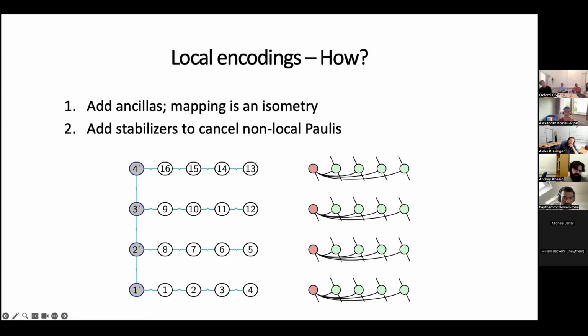Now, if you remember what I said about stabilizers, if we can get a stabilizer that will cancel out those trailing strings of Zs, that would be very helpful because we wouldn't have as many Zs hanging around. But luckily, wow, look at this.